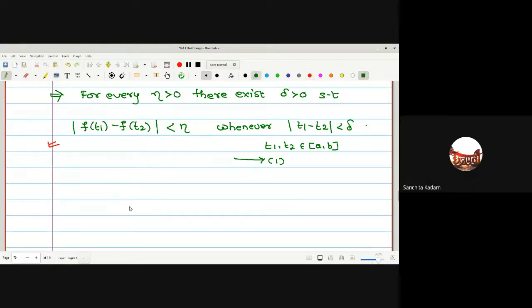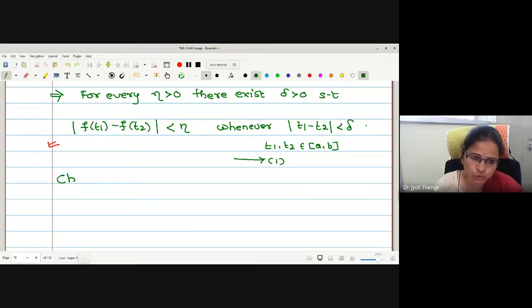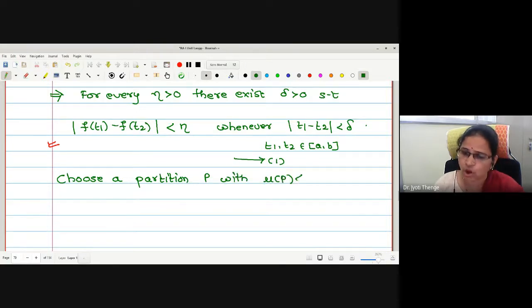So here what I will do, choose a partition T with norm less than delta, meaning the length of the largest subinterval is less than delta. But what about the length of the remaining subintervals? Also less than delta.